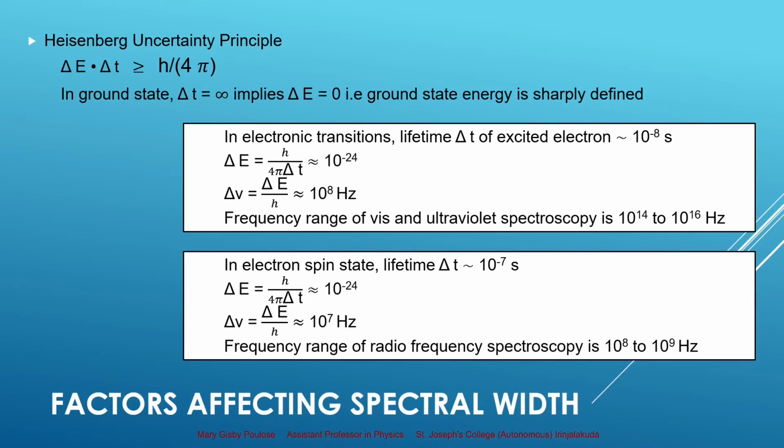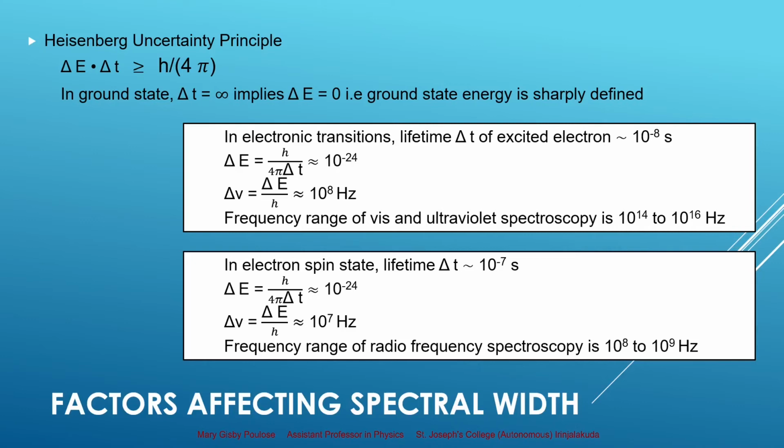So here, according to this principle, we understand that it is impossible to simultaneously make accurate measurements of both the energy and lifetime of a particle. Delta E shows the energy change and delta T shows the lifetime of that particle in the two states. So according to Heisenberg's uncertainty principle, delta E times delta T is greater than or equal to h by 4 pi.